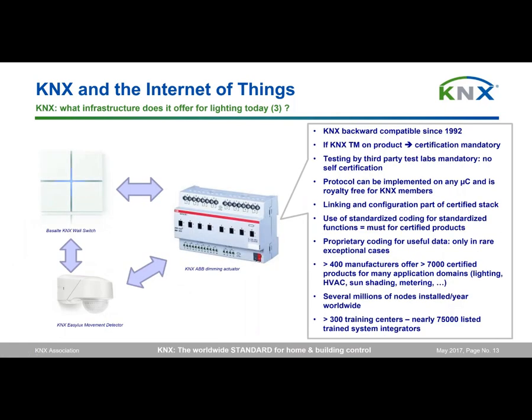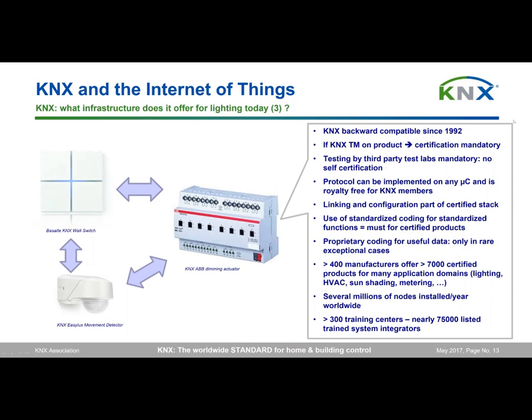KNX really does provide proven interoperability. KNX products have been backward compatible since 1992. So it means the very first KNX devices can still be combined with a new KNX product from the year 2017.